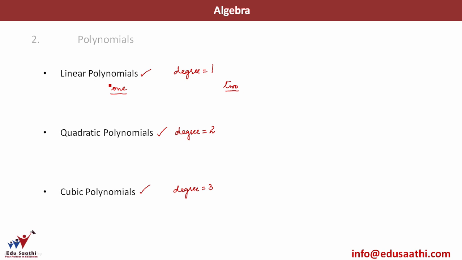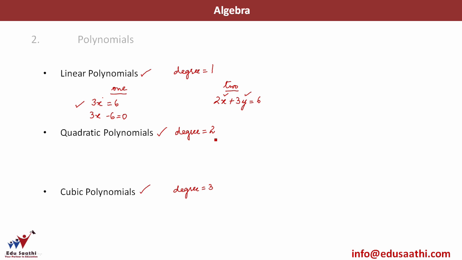If I have to write a linear polynomial in one variable, it'll be something like 3x equals 6, or 3x minus 6 equals 0. So one variable and degree also 1. In two variables, it will be something like 2x plus 3y equals 6. I have two variables, but the degree would be 1.